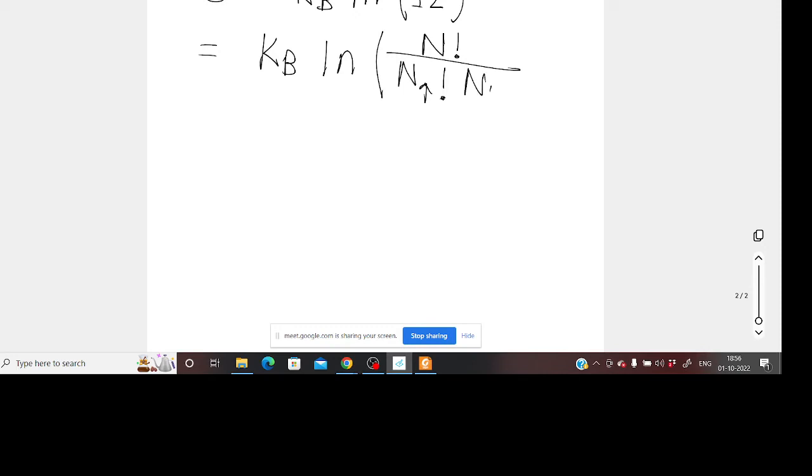So now calculate S. S is given by kb log omega, and omega is equal to n factorial by n up factorial and n down factorial.